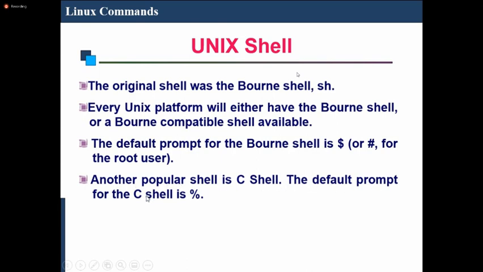The default prompt for C shell will be the % mark. So this shell is a command line interpreter with inbuilt commands, like we typed earlier, like cd, mkdir, rmdir, right? Those are inbuilt commands. You don't have to install those commands.